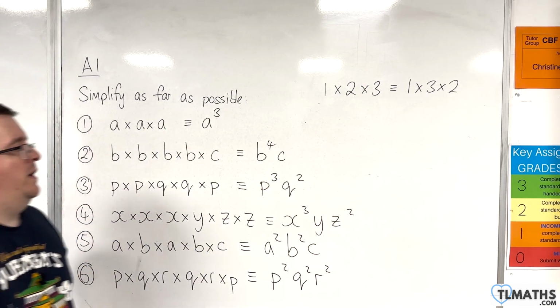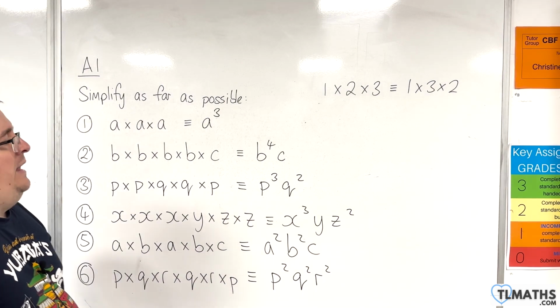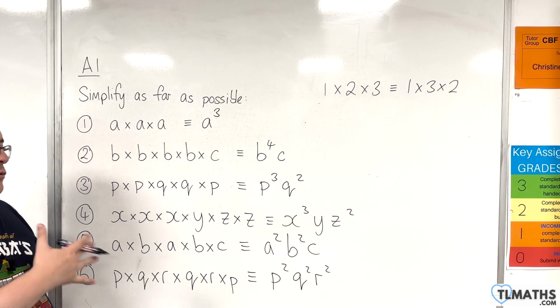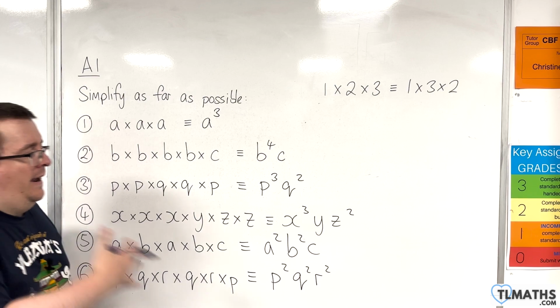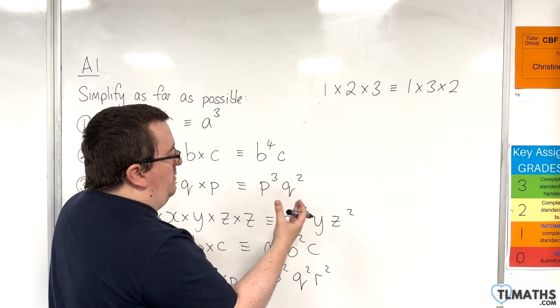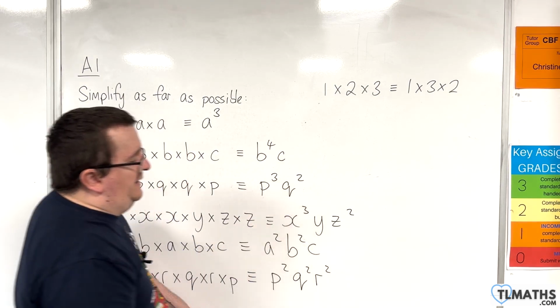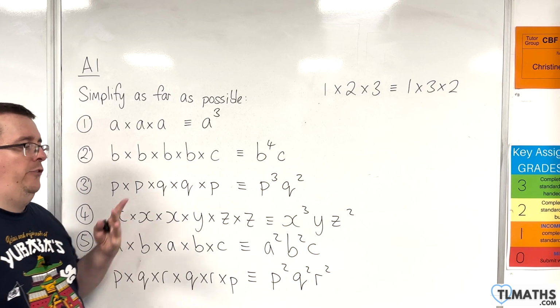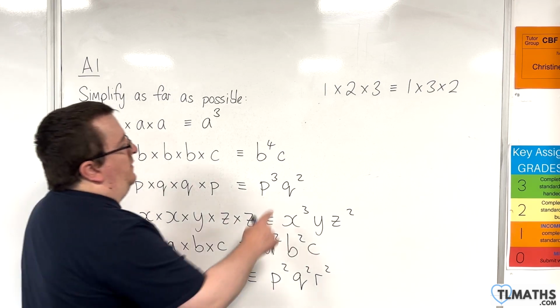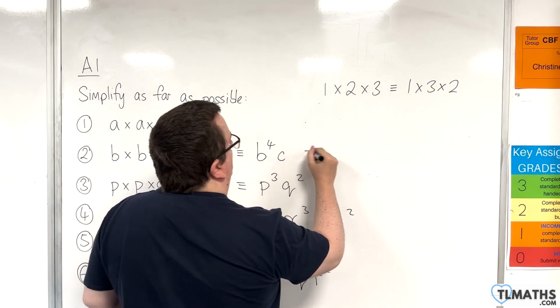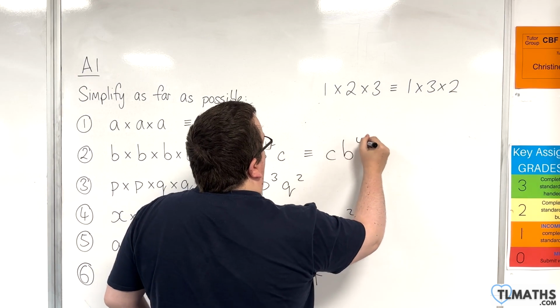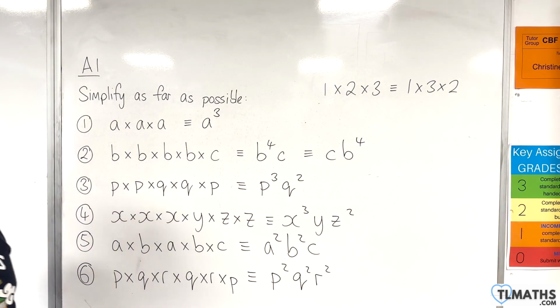Now you may be wondering with each of these, is there an order to how I'm writing them down? And again, as I said in the previous video, I'm writing these down in alphabetical order, but there's nothing stopping me from writing this as c b to the 4. Okay, I can do that.